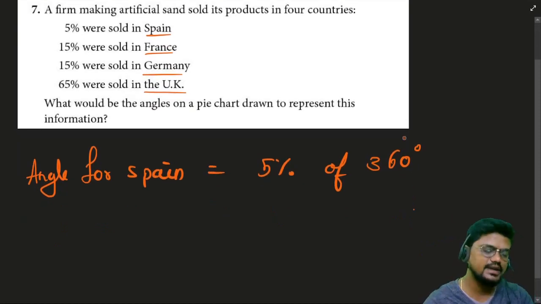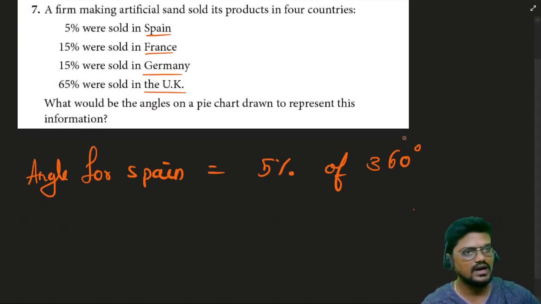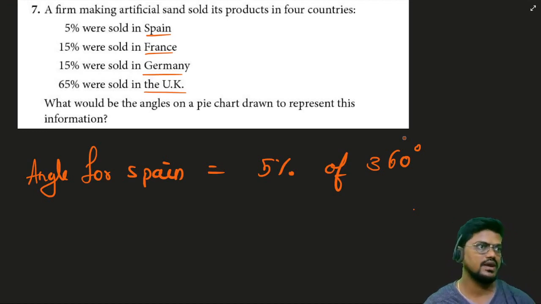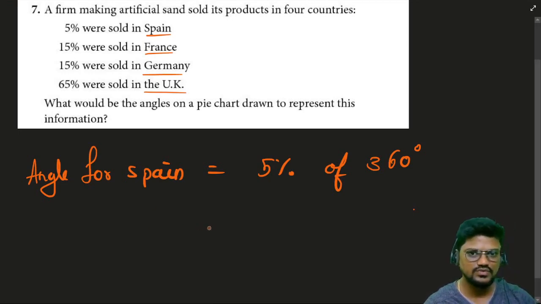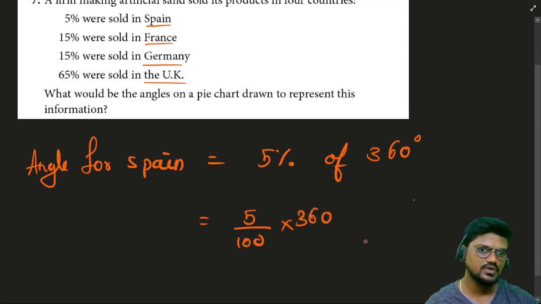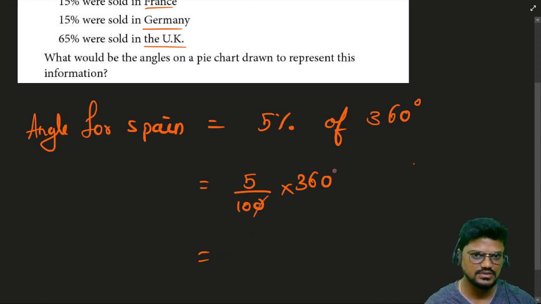In a percent, we have 100 as the whole. In a degree, we have 360 as the whole. So it will be 5% of 360. That is 5 by 100 of 360. This gets cancelled, 5 twos are 10, and this is 18. So you get 18 degree.